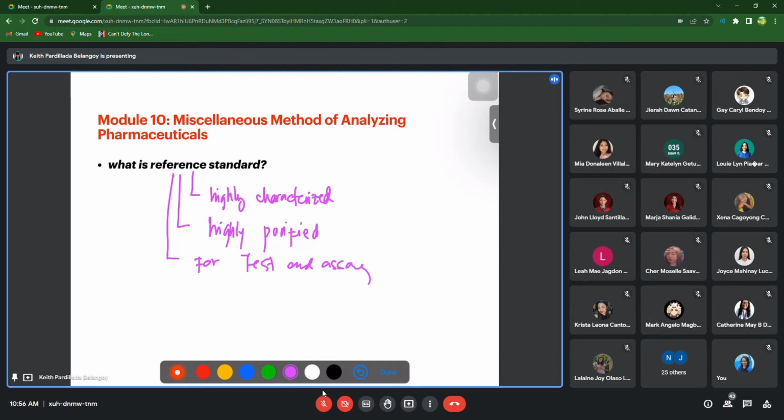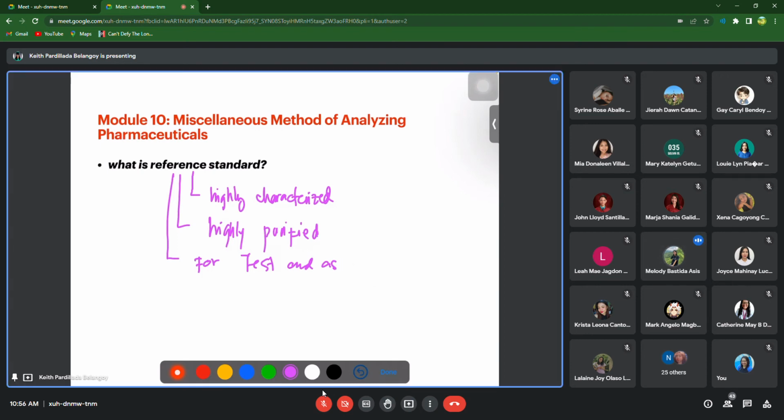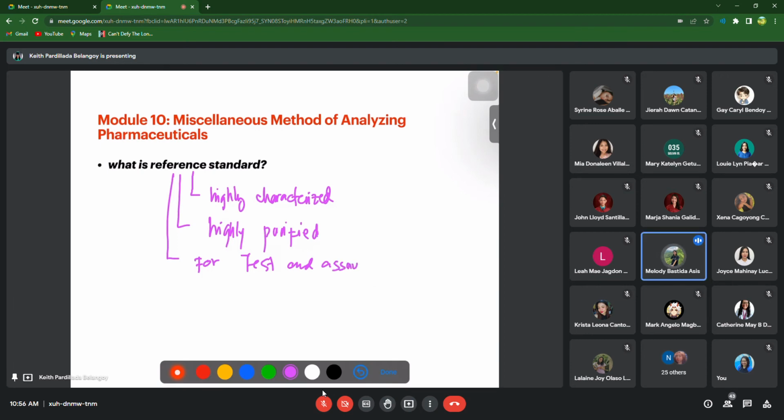Anything else? It's a very short topic, but let's try to flex it. Assis, anything you would like to add for reference standard? Reference standards are used to evaluate both process and product performance and are the benchmark for the assessment of drug potency for patient consumption.